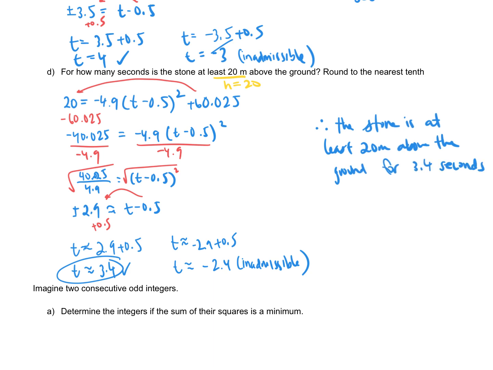If it had asked when is the stone at 20 meters, then I would just say specifically at 3.4 seconds. Or if I had gotten two positive times here, like positive 2.4 and positive 3.4, the length of time between those would be 1 second. We'd be subtracting, but the negative time just didn't make sense.